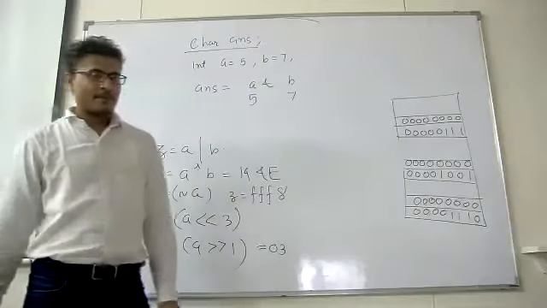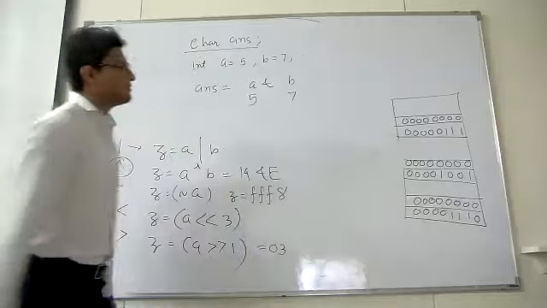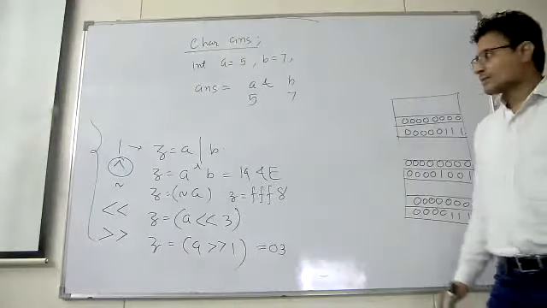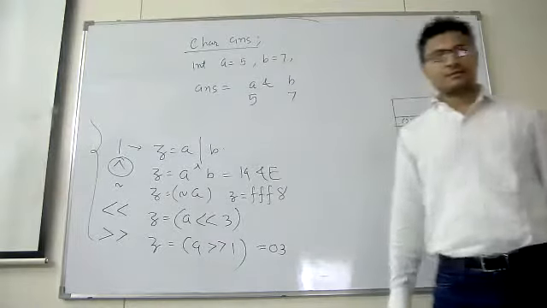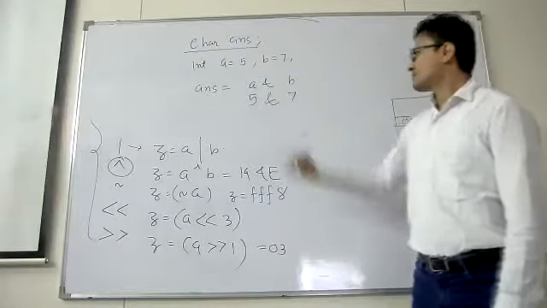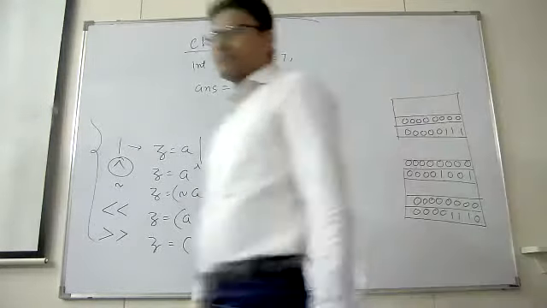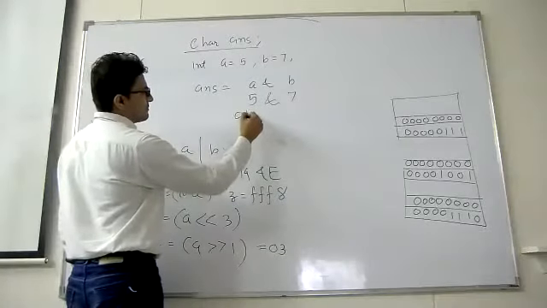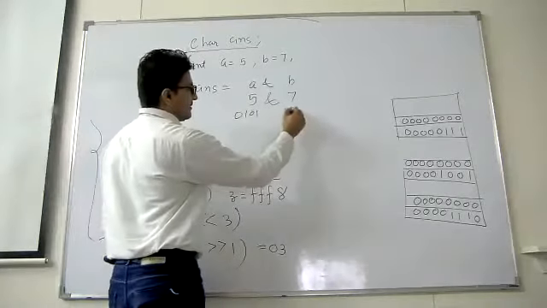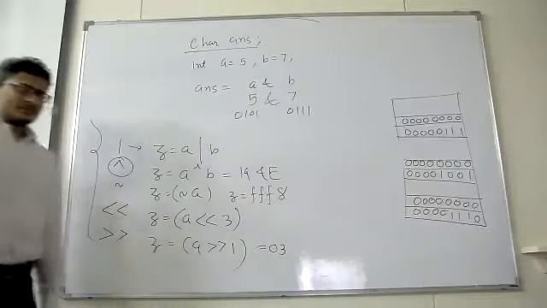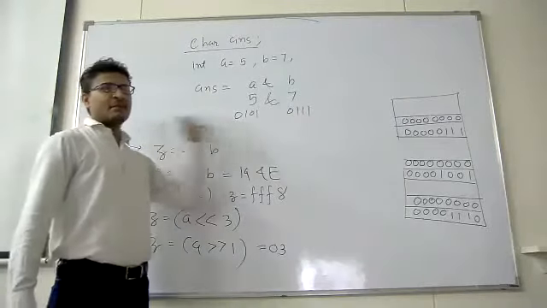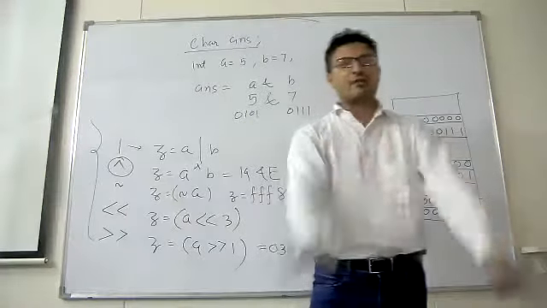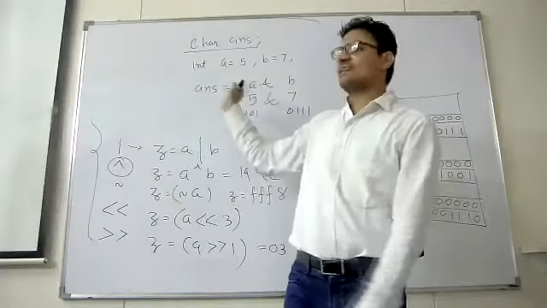What would be the answer? Bitwise AND. So just represent 5 and represent 7. Because the MSB bits are 0 in both cases, there is no need to worry about this if the data is less than 255.